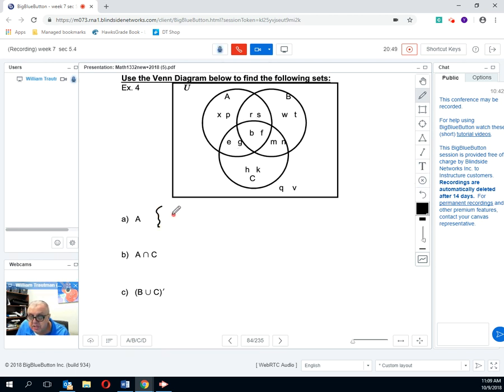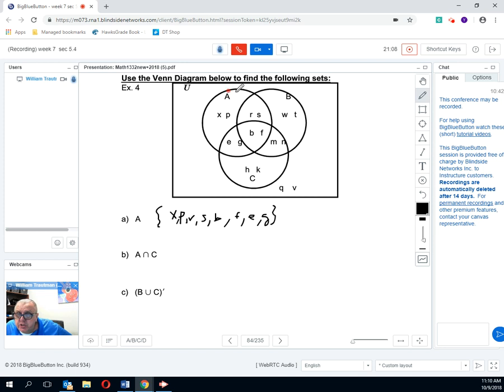So we have an X, a P, R, S, B, F, E, and G. I would put them in alphabetical order, but you get the gist. All those letters are in A.